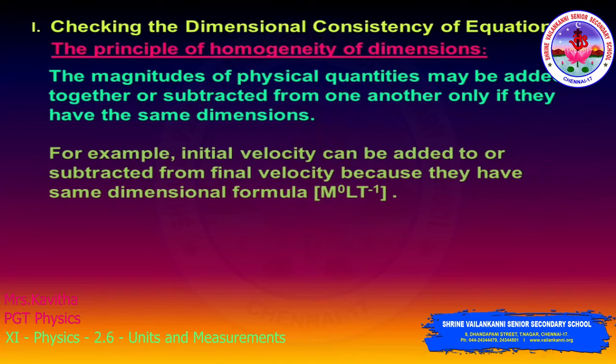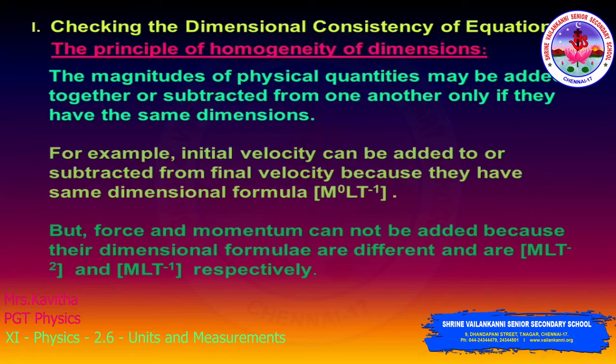For example, the initial velocity can be added to or subtracted from, or compared with, the final velocity only. We cannot compare velocity with force. Initial velocity can be added to or subtracted from final velocity because they have the same dimensional formula, M^0 L T^-1.